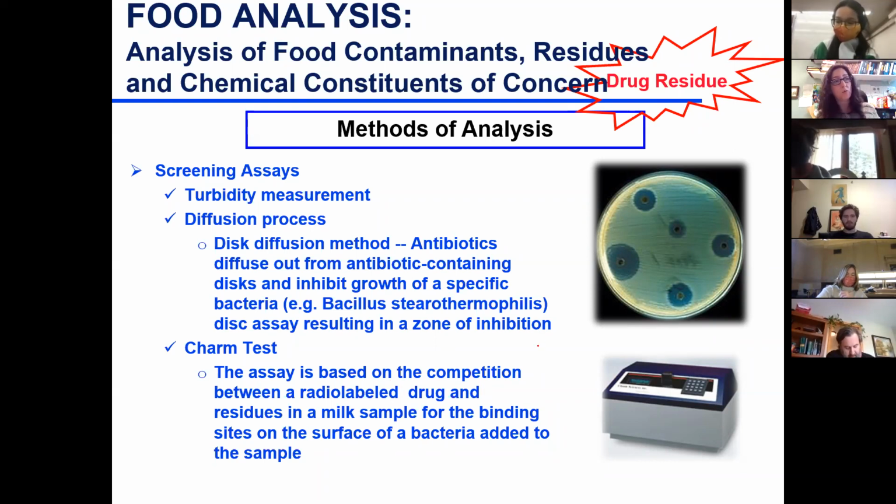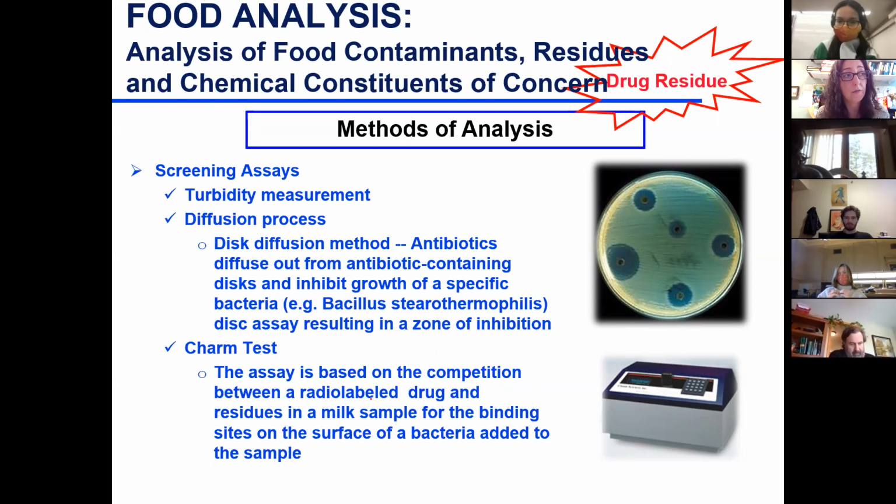Charm test is more for quantification. It's very common for antibiotics. In there, it's a competition between an antibiotic that is radio-labeled and the sample that potentially contains antibiotic. So you add bacteria, and then the antibiotic would want to interact with the bacteria.